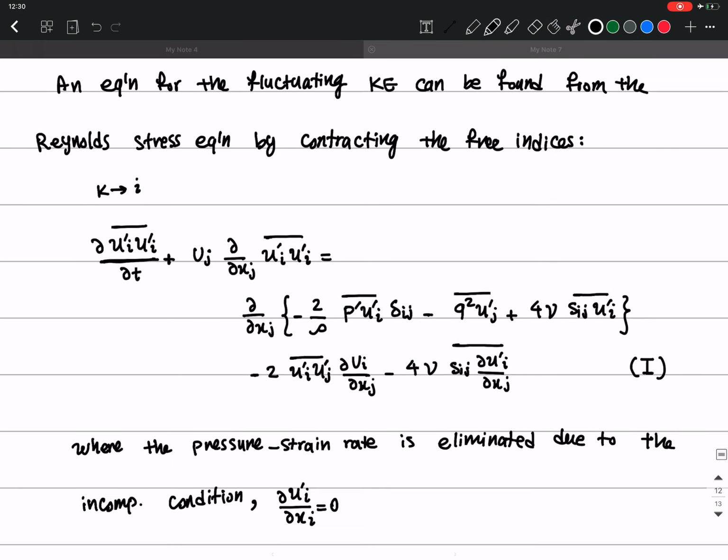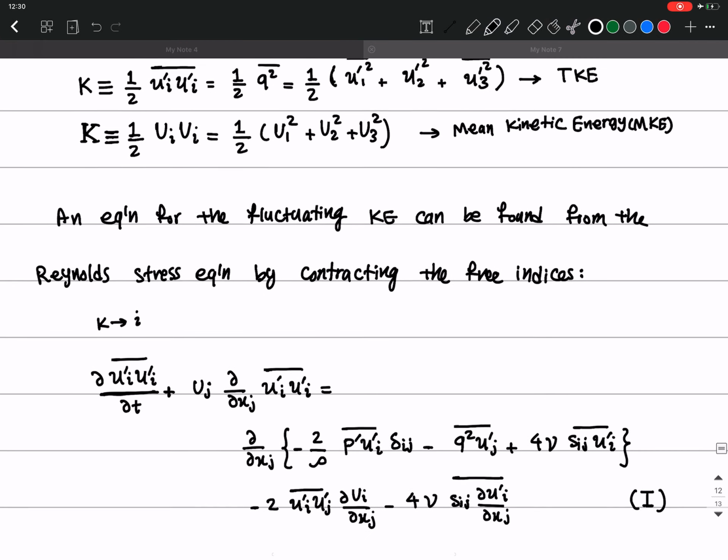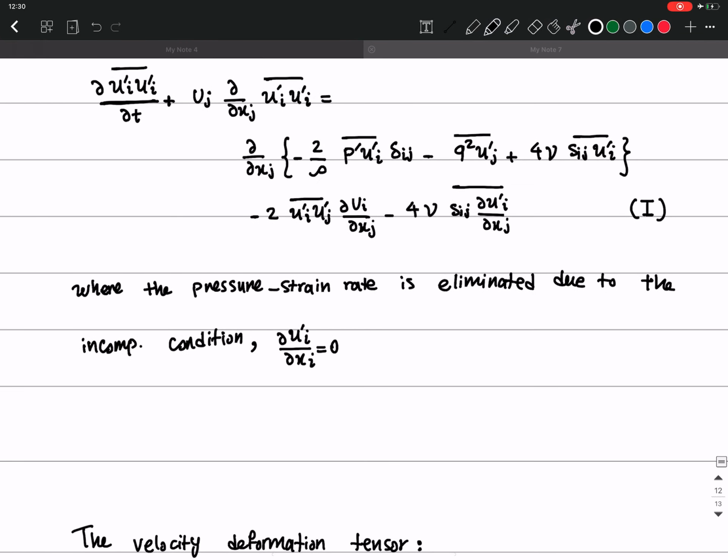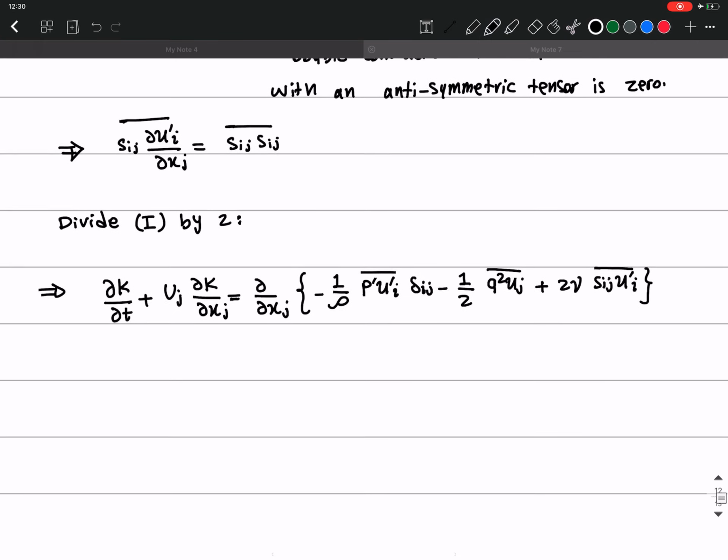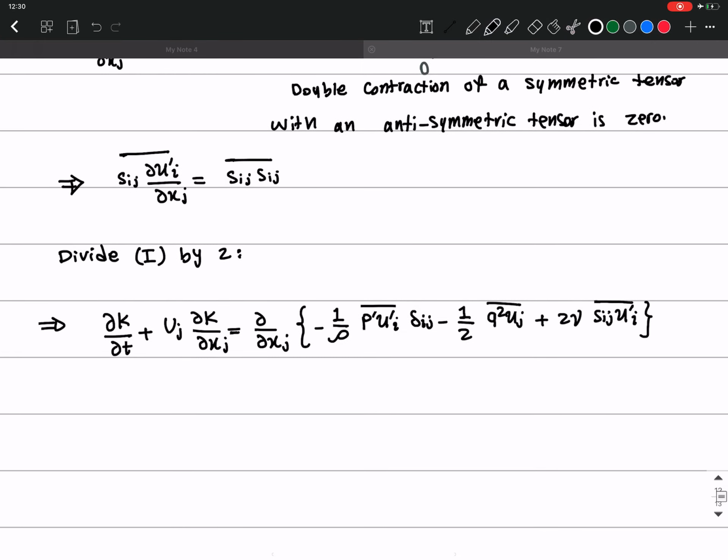Okay. And then we have the other terms, which are minus u prime i u prime j bar partial Ui partial xj minus 2 nu.